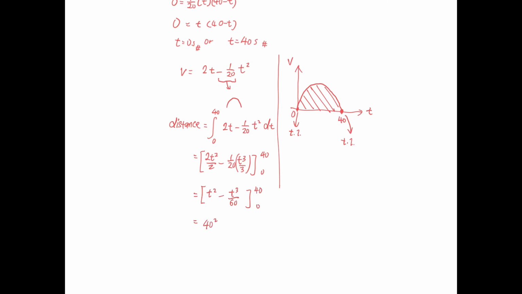For t squared, 40 squared minus 40 cubed over 60, minus 0. And you will end up with 533.3 meters.